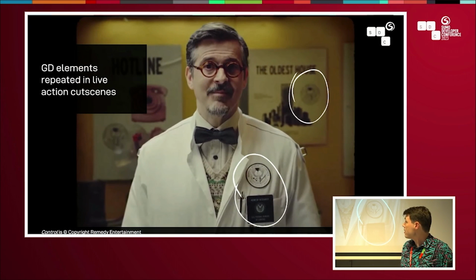And having it repeated here in some of the live action cutscenes where we see it as a patch on the shirt and in the background, again, apologies, that's not really showing up very well. Seeing it in live action and also seeing it in the game makes this great connection where it feels more real when you see it in the game because you've seen it in real life.